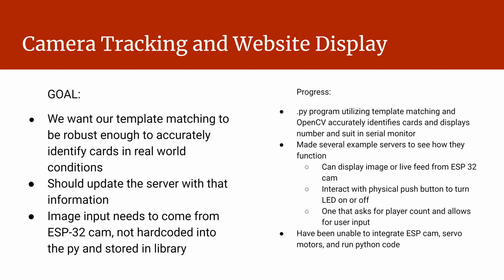And so we need to actually use more likely lighting and distance from our camera with our ESP32. And then our goal is that it'll update our server with that information. And as I was saying, the image input needs to come from the quality that is at the level of our ESP32 camera instead of just hard coded, which is what we've been working with for practice in order to make sure that we have a proper method that actually works.